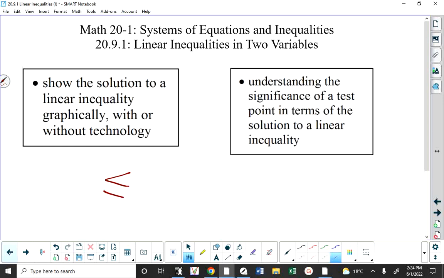A linear inequality is an inequality in which the variable is raised to the 1. That's what linear expressions are. If it's a linear inequality in one variable, then it's something like 3x plus 2 is less than or equal to 5.